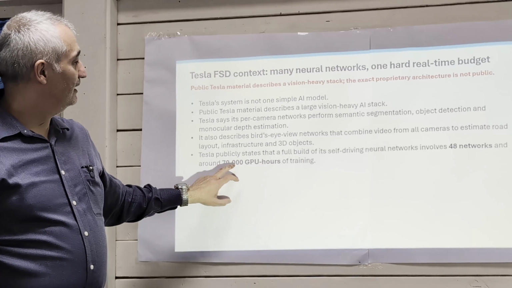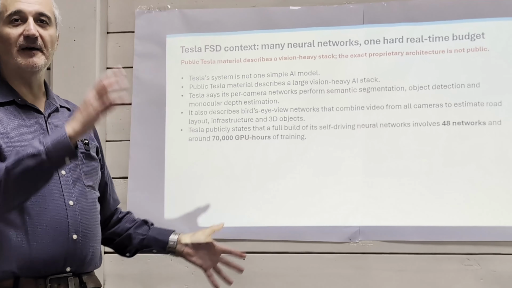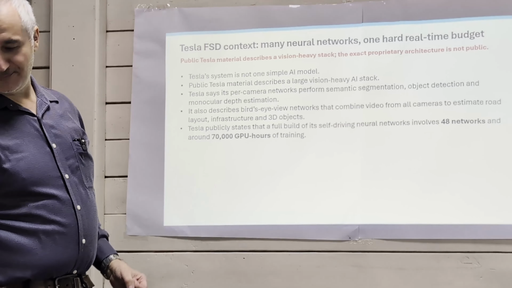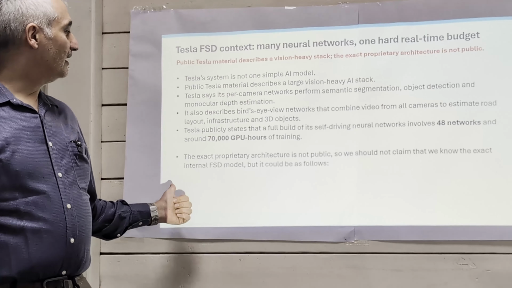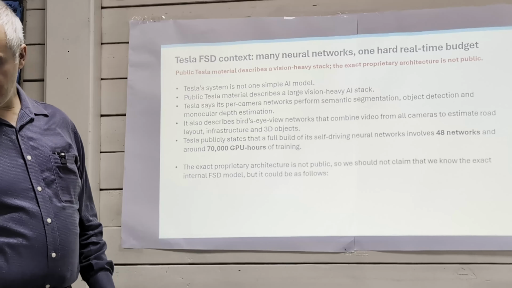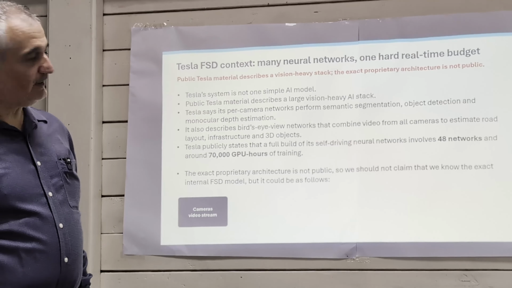They reckon it takes around 70,000 GPU hours to train them, every time they release a new version. That's a lot of GPUs. Of course, they probably have a farm of them, and that's why NVIDIA's price goes up.